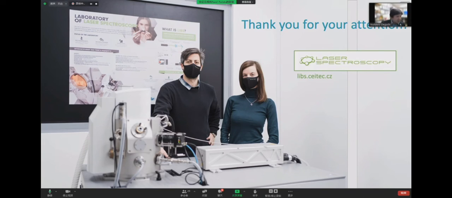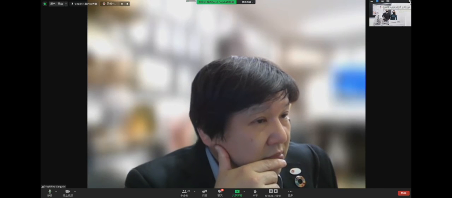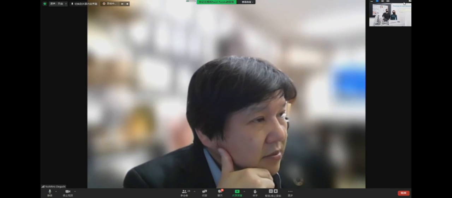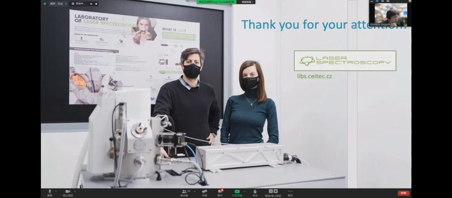First, congratulations for this wonderful work. Yes, so you mentioned that this technique can potentially be used for cancer diagnostics. This is a very important issue. However, I think the major difficulty is that you need to cut the tissue and prepare it, then make the mapping.